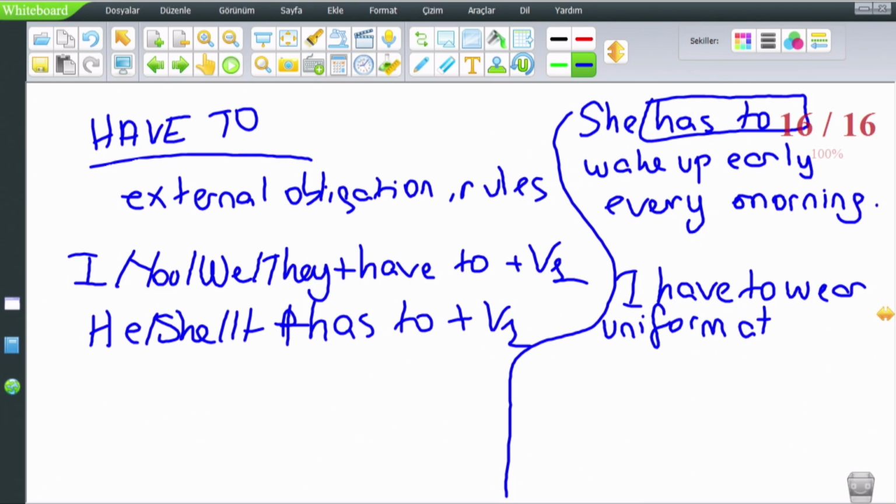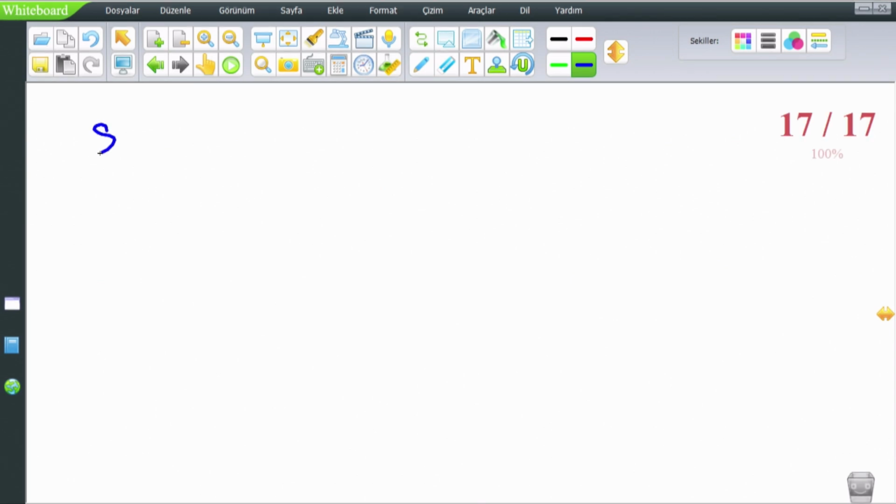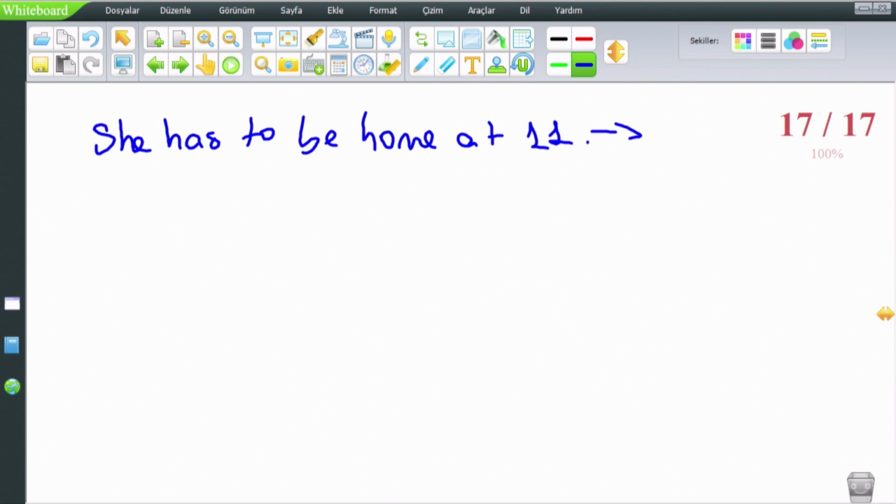I have to wear uniform at school. It differs according to the subjects. She has to be home at 11. For example, it can be a rule set by her parents.